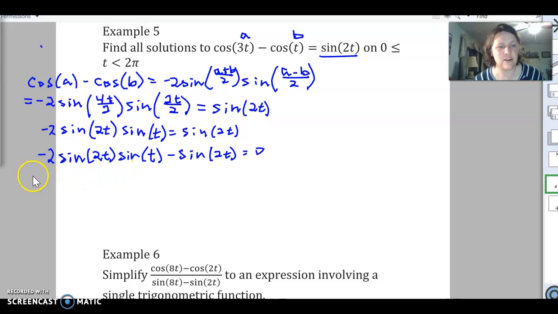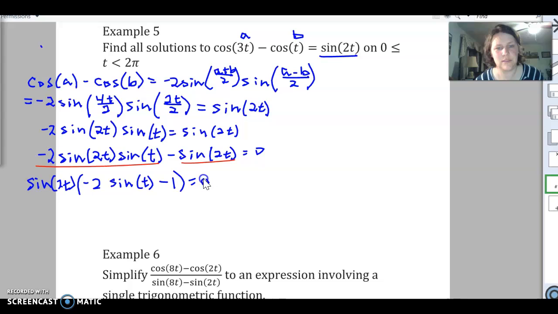Now we can factor out a sine of 2t. So make sure you notice here that we have two terms. That's our first term, and then this is our second term. Those two terms have a sine of 2t in common. So I'm going to factor it out. And then what's left is negative 2 sine t minus 1 is equal to 0.